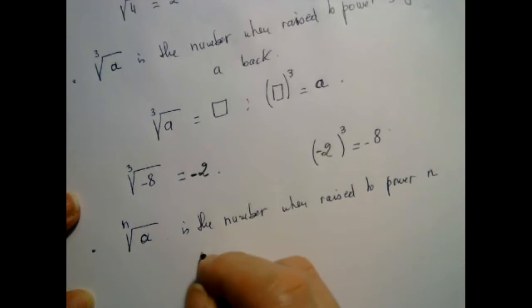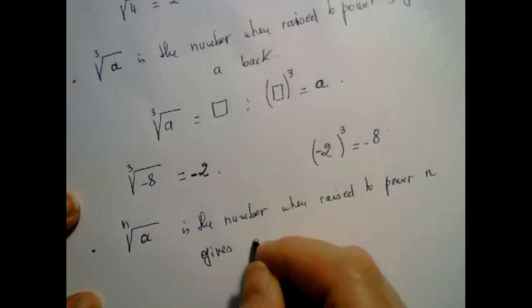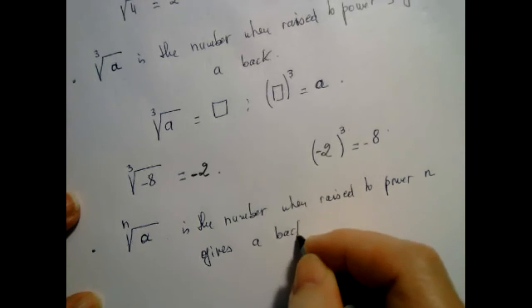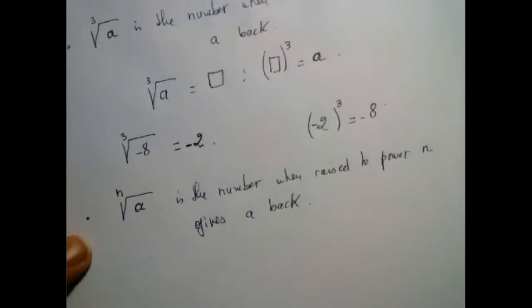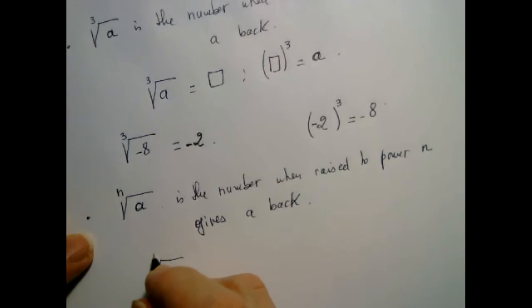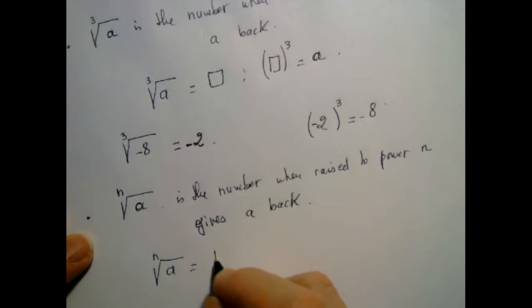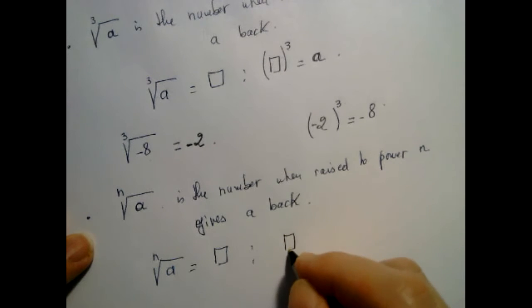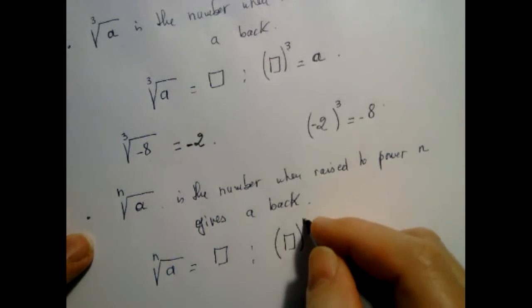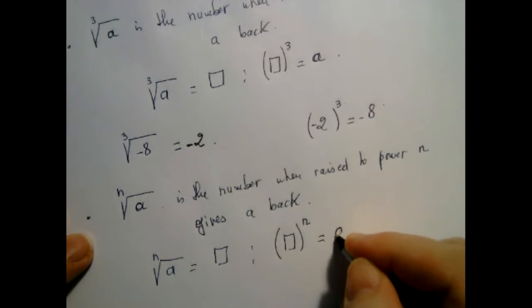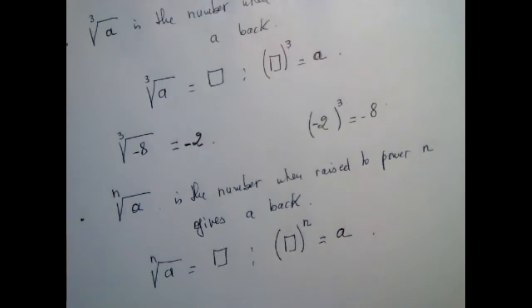So the nth root of A is the number such that when you raise it to the power n, you get A back. And that's what we call the nth root of A.